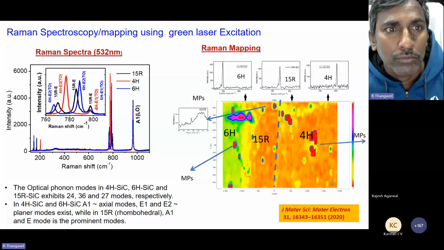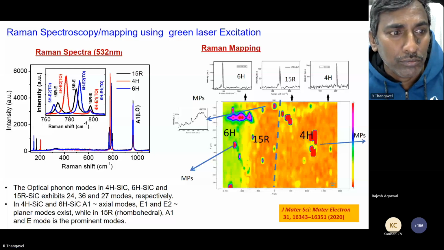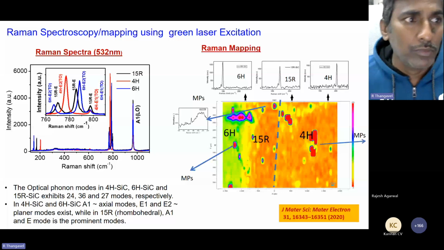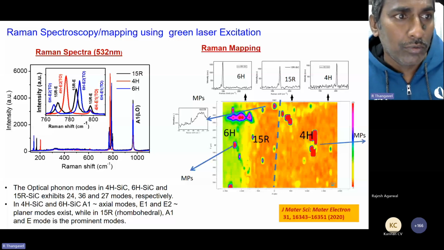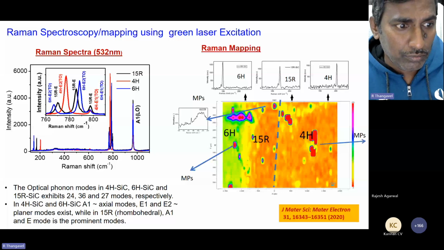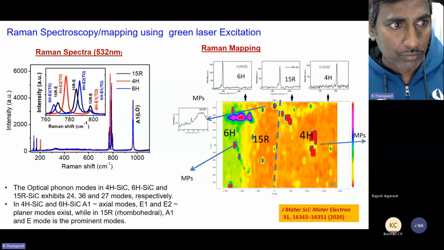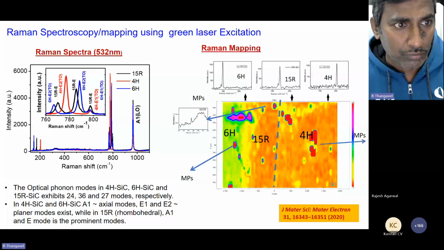Now, come to semiconductor device processing. In semiconductor device processing, first, the device processing lab should be in a clean room, either a 10,000 class room, 100 class room, or 10 class room.